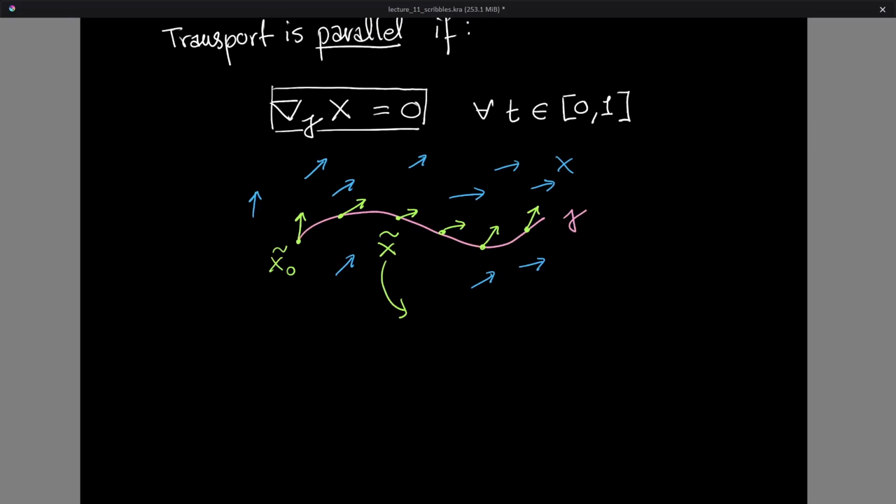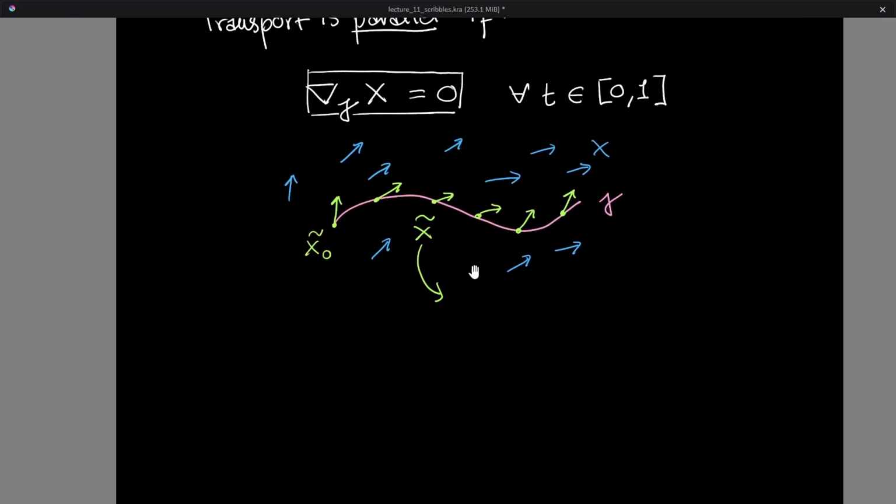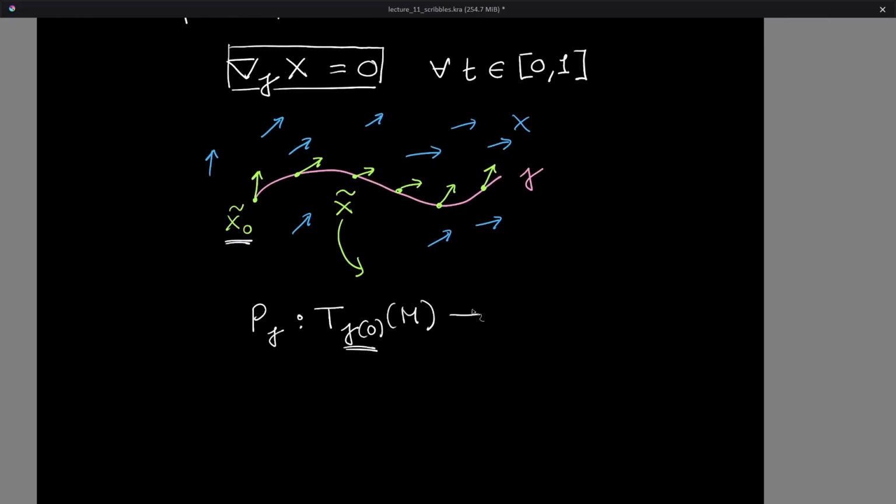We would call this P gamma, and it goes from T gamma 0 of M. So that's the initial point, gamma 0, this point here.